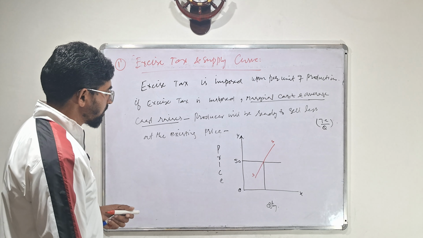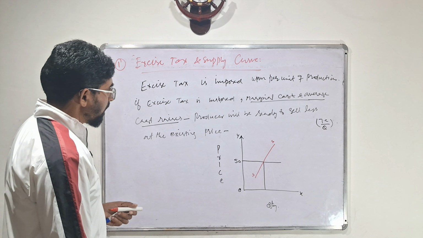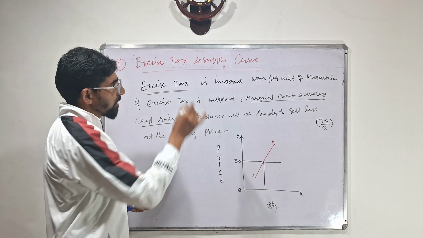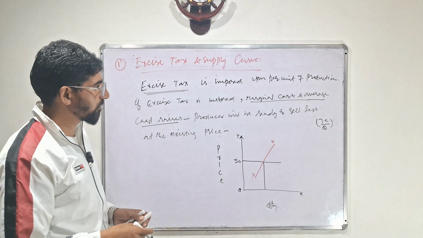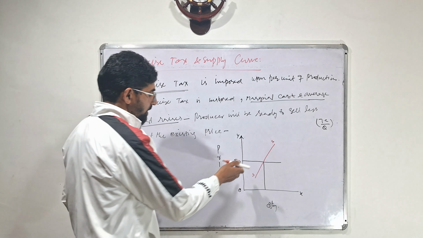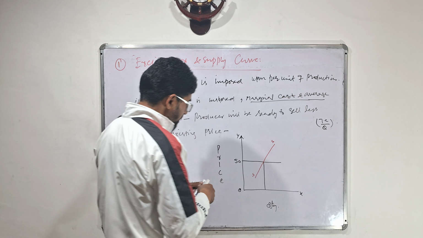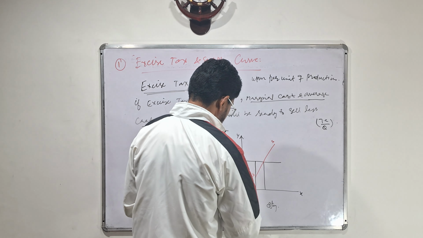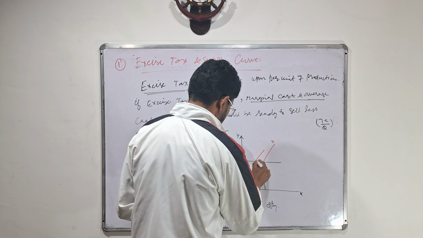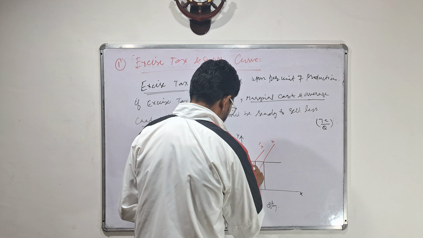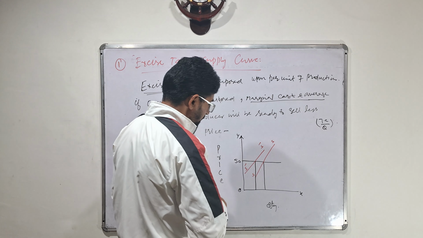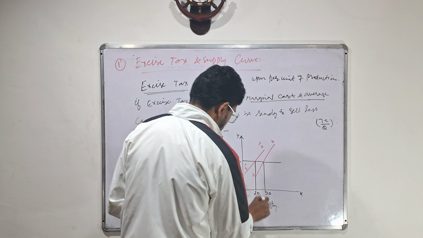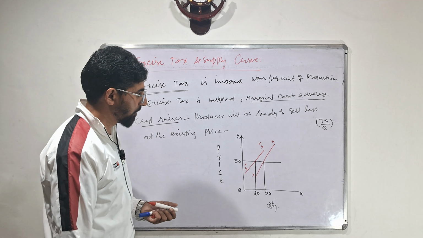When this excise tax is imposed per unit of production, definitely the producer will be ready to sell less at the existing price. That means the supply curve will shift backward. S dash S dash. For example, here I write 30, here I write 20. It will shift backward.